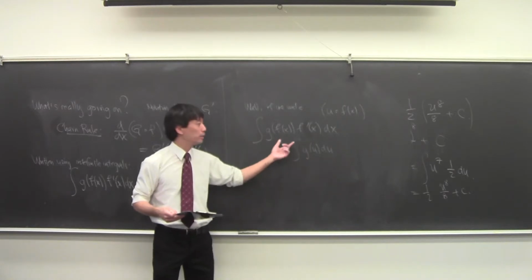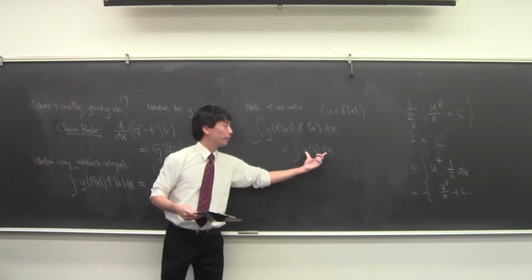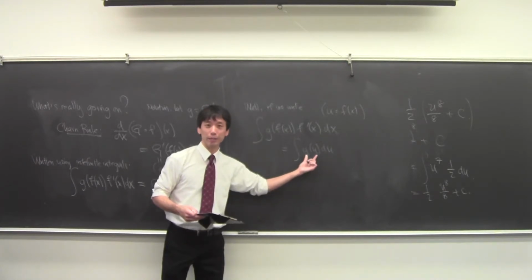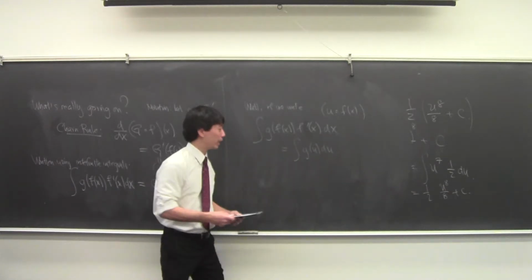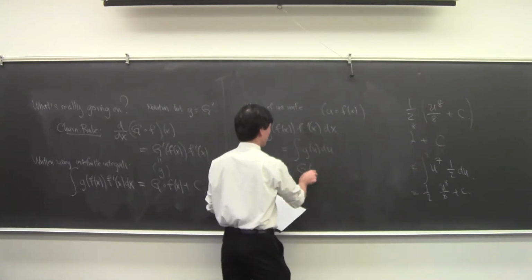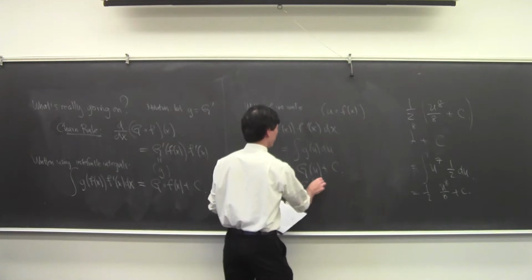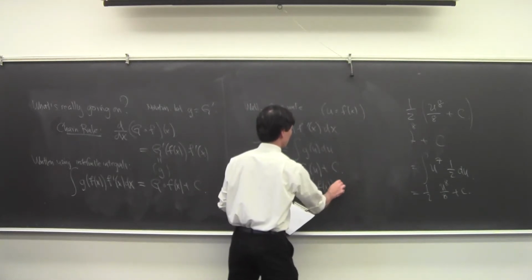If we write this as the antiderivative of little g, well, what's the antiderivative of little g? It's just big G, right? This is big G of u plus c. In other words, big G of f of x plus c.